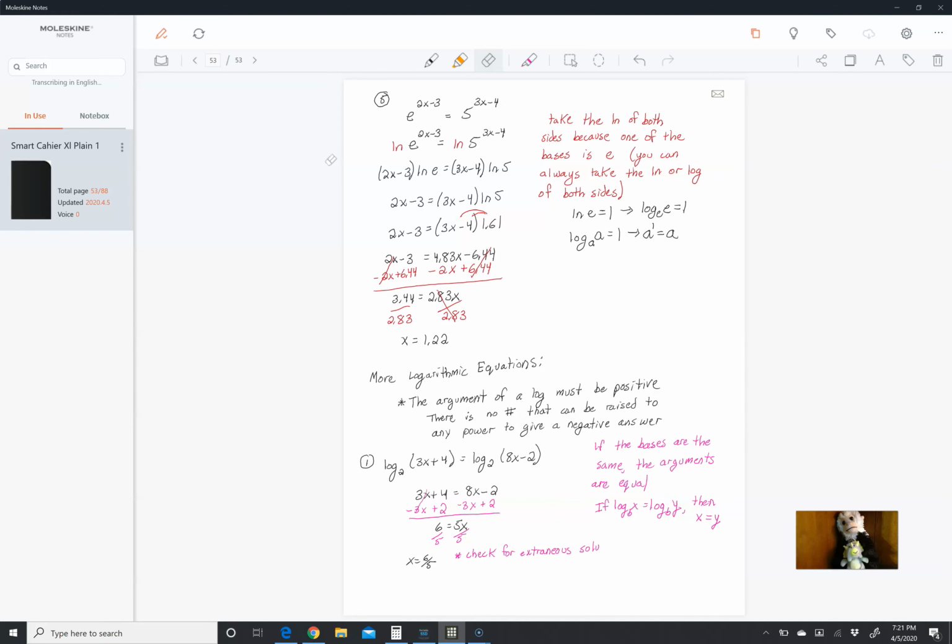What we're checking for is that the arguments are positive. So it's always the arguments of the original equations.